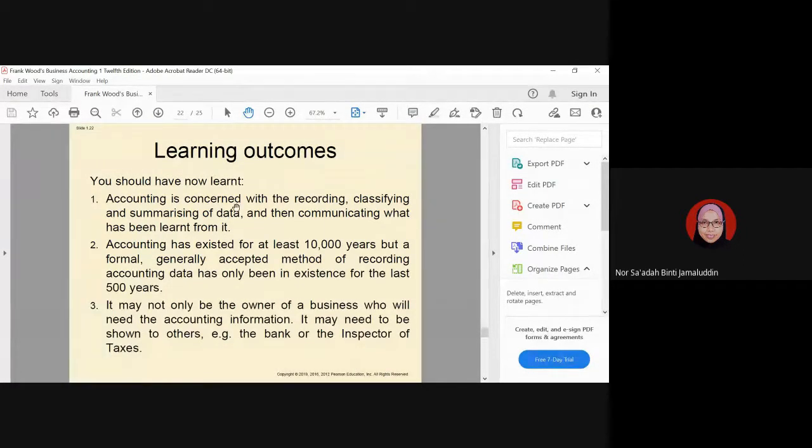Okay, accounting is concerned with the recording, classifying and summarizing of data.